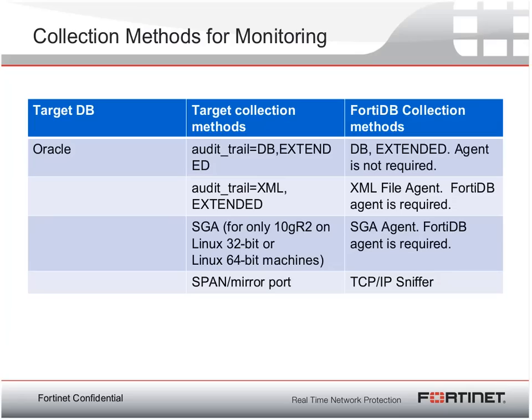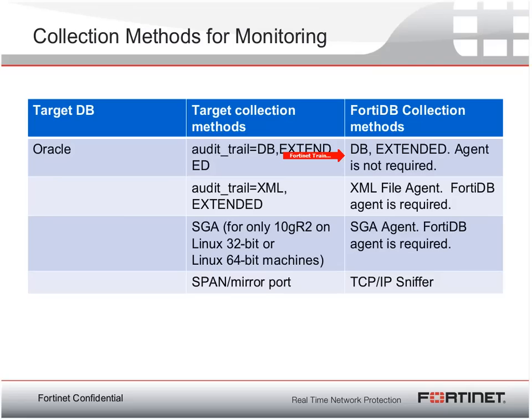The first two, basically, we have the first method, DB extended. Okay, so DB extended is one of the native methods of Oracle. Okay, so we can use this. We can store the audit information essentially in the database, and we can use the JDBC connection to retrieve that.